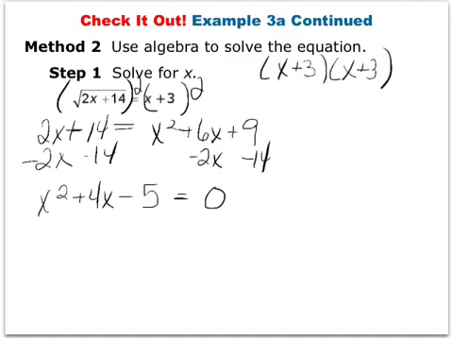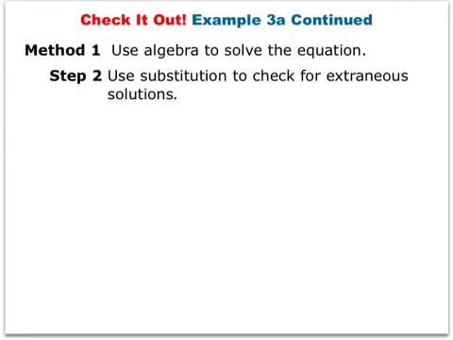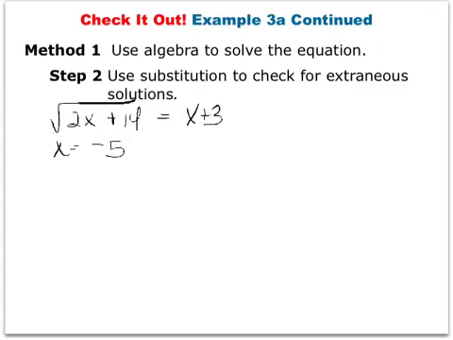I'm going to factor this left-hand side. I get x plus 5, x minus 1. So x equals negative 5 or x equals 1. Let's test them. My problem was the square root of 2x plus 14 equals x plus 3. I'm going to test x equals negative 5 and x equals 1.